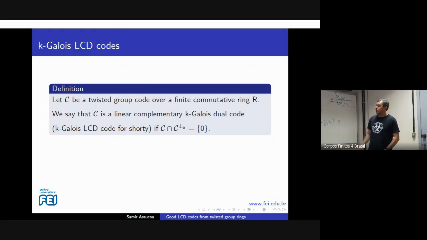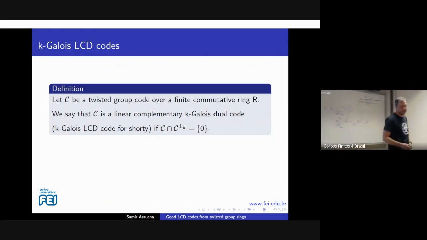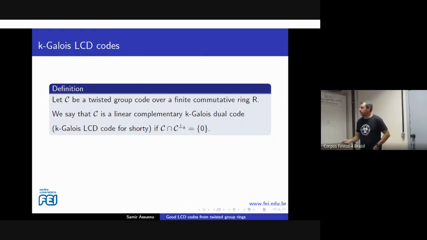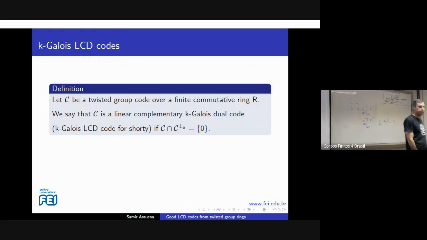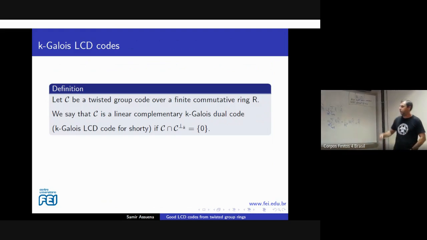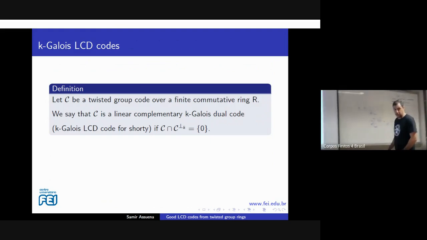So we say that a code, twisted group code or constacyclic code, in this case, is a linear complementary Galois dual if the code intersects its k dual trivially. This is the kind of k Galois LCD codes.